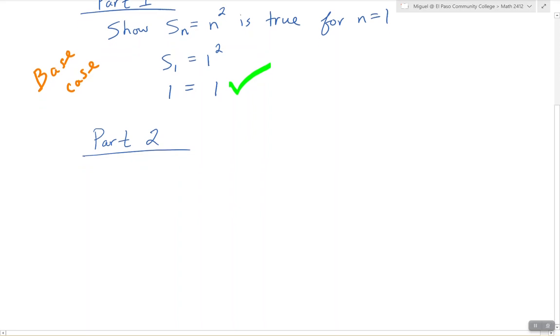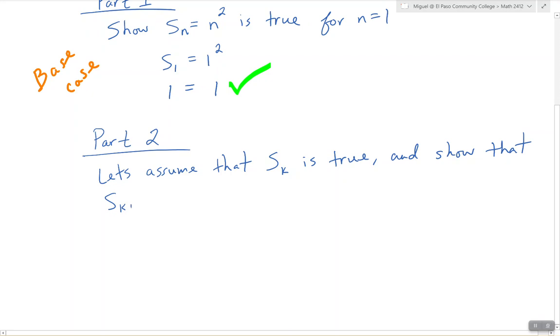So we're going to say, let's assume that s sub k is true. And show means also prove. Show that s sub k plus 1 is true.